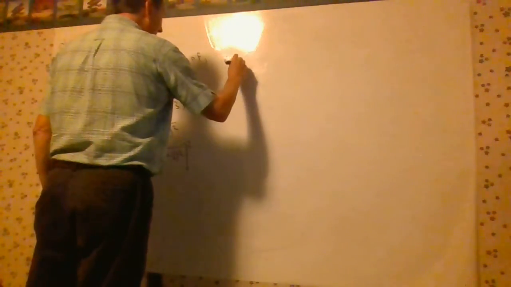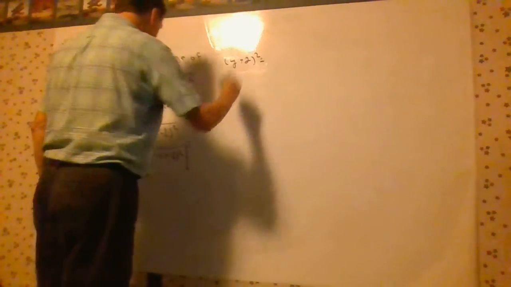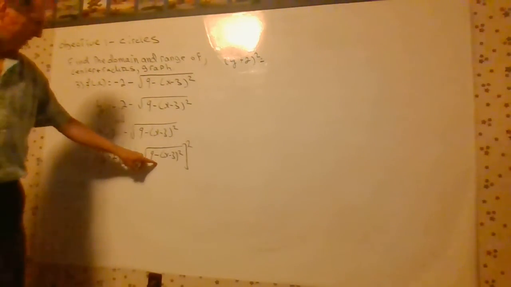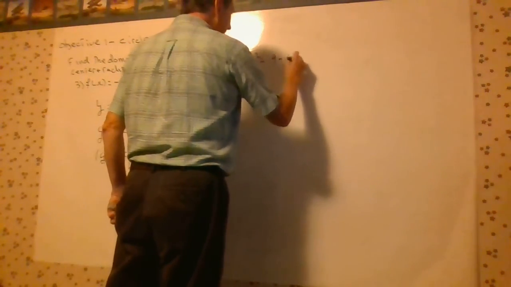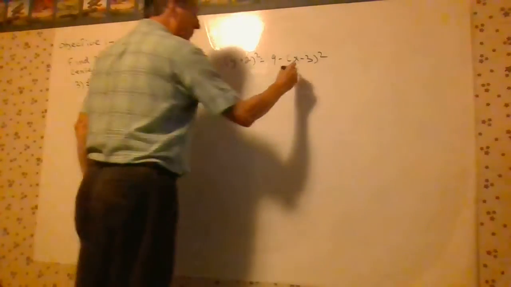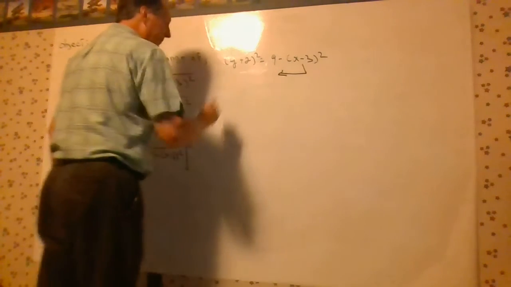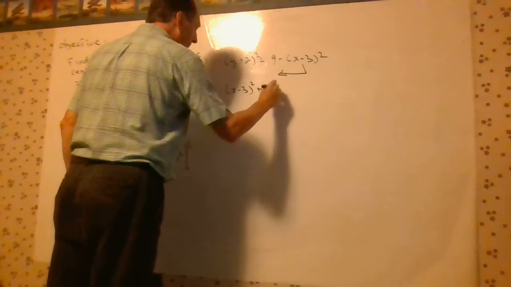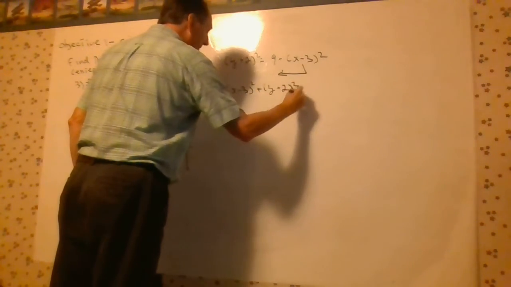Square the whole thing. We have y plus 2 squared equals... The square gets rid of the negative and the radical, but it doesn't alter what's inside. And so we have 9 minus x minus 3 squared. And then we're going to move this x minus 3 squared to the other side. X minus 3 squared plus y plus 2 squared equals 9.